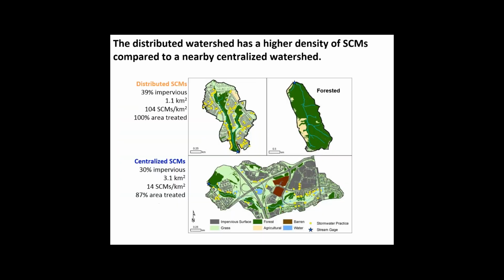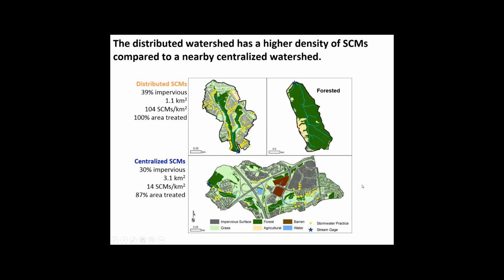Within those watersheds, you can see on this map the yellow circles are stormwater control measures. The distributed stormwater management watershed has a high density of these stormwater control measures distributed across the landscape, typically in the uplands closer to the impervious surfaces, compared to the centralized watershed, which has more detention-based stormwater management practices located along the stream network and in some of the newer development areas within that watershed.